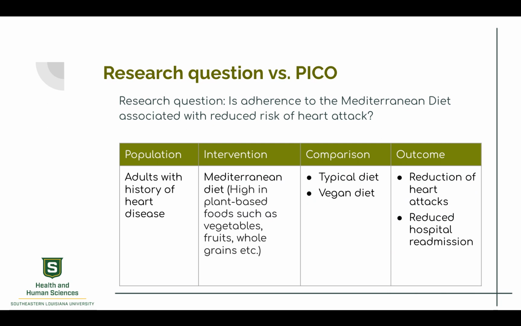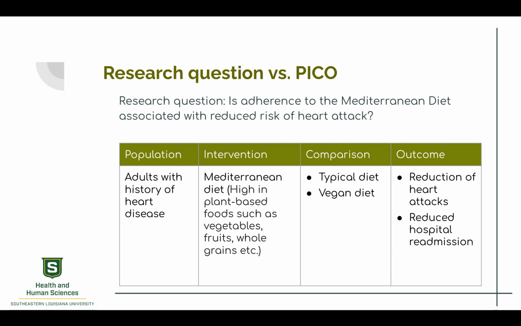Intervention would be the Mediterranean diet, and the Mediterranean diet is plant-based, and you could be comparing those who are eating regular meals without any special diet, or you could be comparing Mediterranean diets against vegan diets.